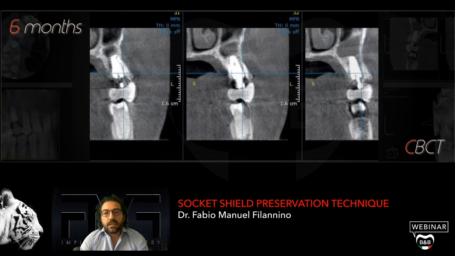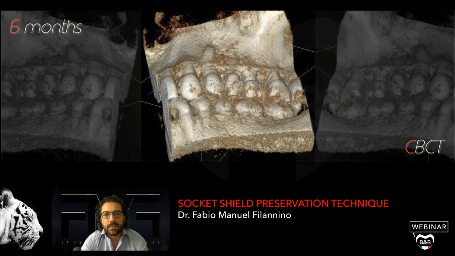And fortunately, this time the bone formation was okay, and apically where I did the crestal sinus lift, I had new bone formation, and we maintained the bundle bone buccally to the root.